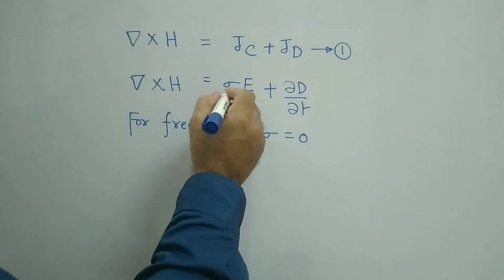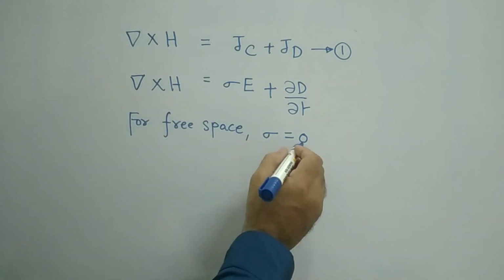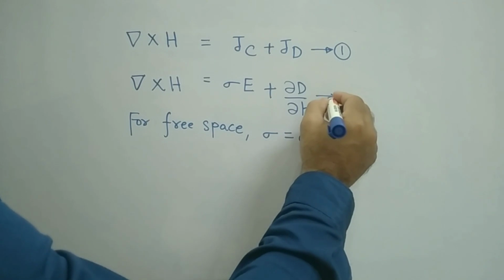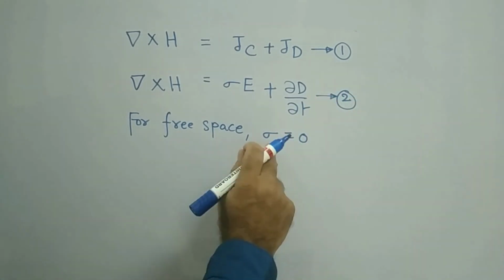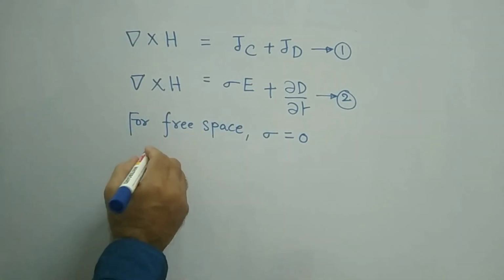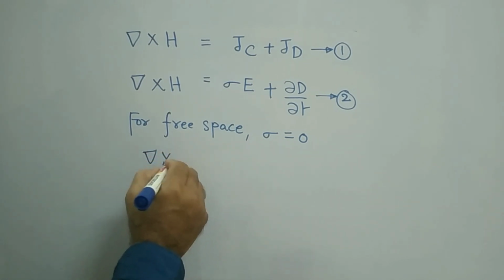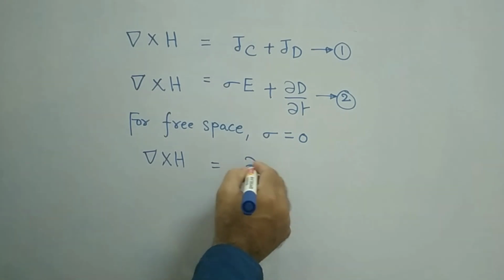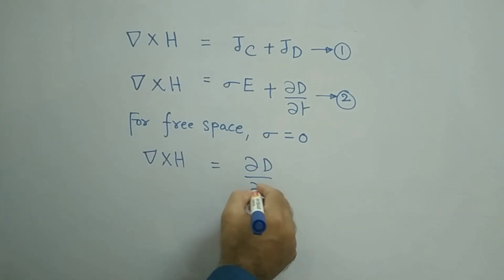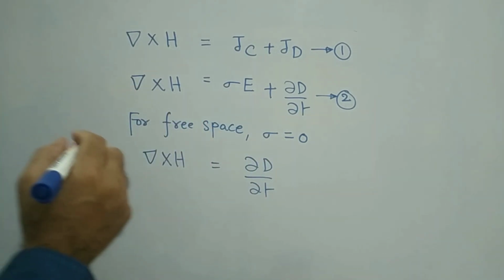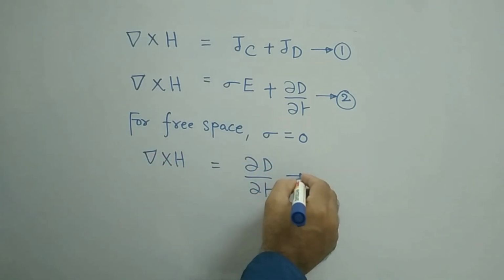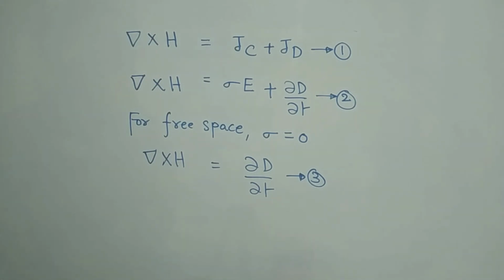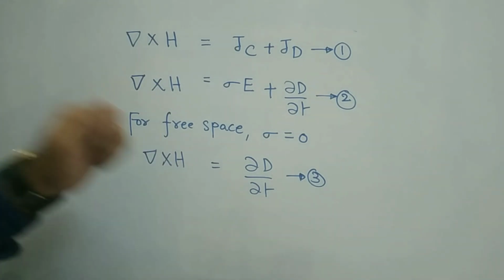Substitute sigma equal to 0 in equation number 2. Then del cross H becomes 0 plus dou D by dou t. This is the third expression, which is Ampere's law for free space.